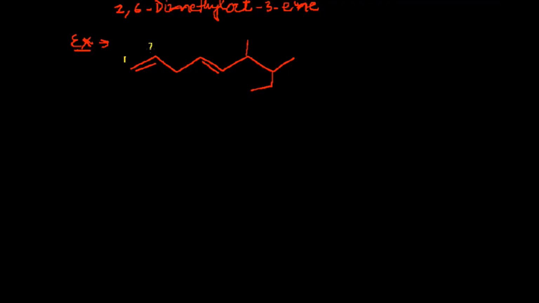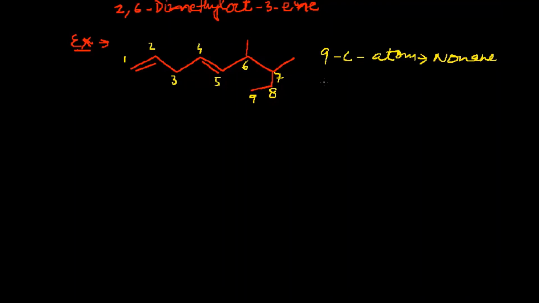This one is the principal chain that has to be considered, and numbering must be done from this side. So it is 1, 2, 3, 4, 5, 6, 7, 8 and 9, and so we can say it has 9 carbon atoms. So it will be nonane, and it has a double bond present at first one.